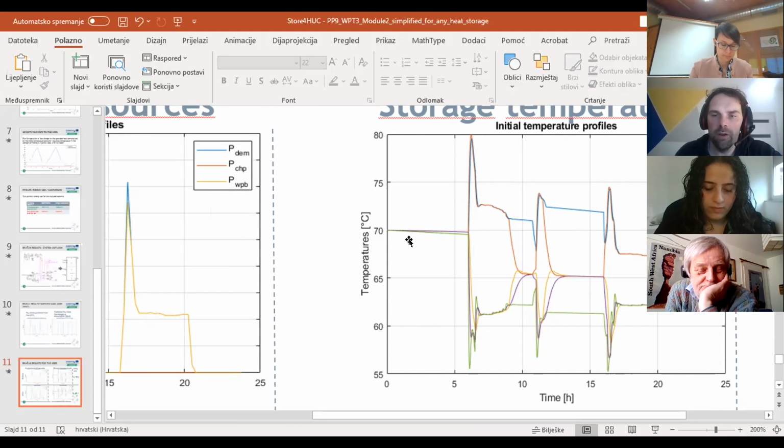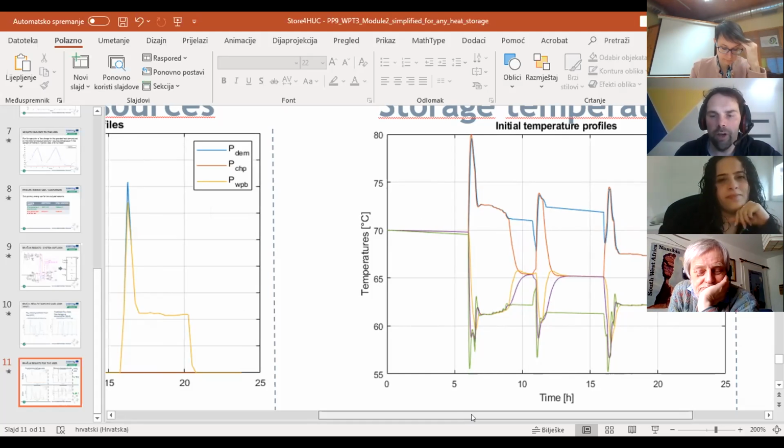And you can see how this operation of only a wood pellets boiler would resemble in the behavior of temperatures in different levels of the storage. And the blue line T1 is the one that is actually the temperature that is being supplied to the end users.